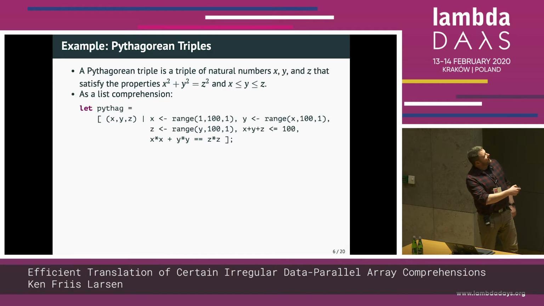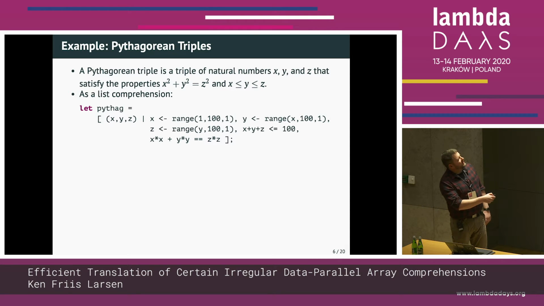And in order to get them unique, we want x to be smaller than y, otherwise we'll have symmetric solutions. So here is the final result: for all x in the range from 1 to 100 with a step of 1, take y from x to 100, step of 1, and z in the range of y to 100, step of 1, where x plus y plus z is less than or equal to 100, and where x squared plus y squared is equal to z squared.